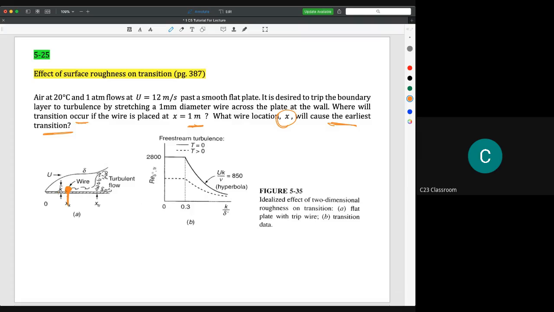As I said, if we put it too early, the laminar boundary layer may still be in the stable region, so it will maintain as a laminar boundary layer. The transition may not occur as we want.